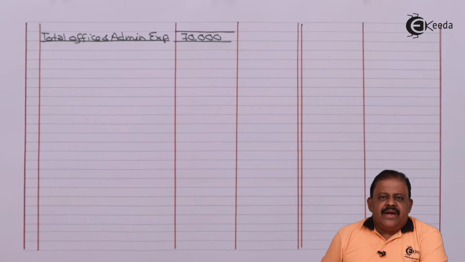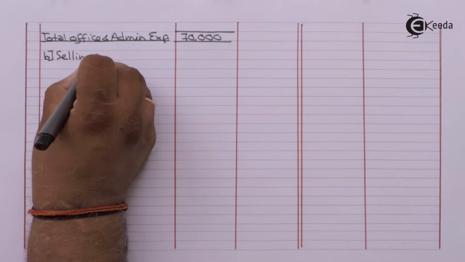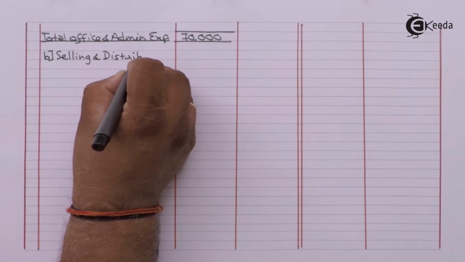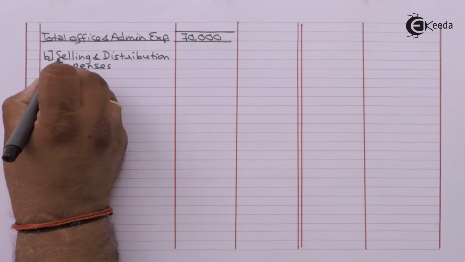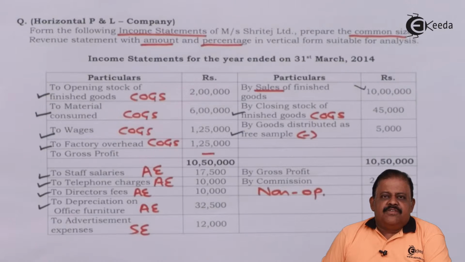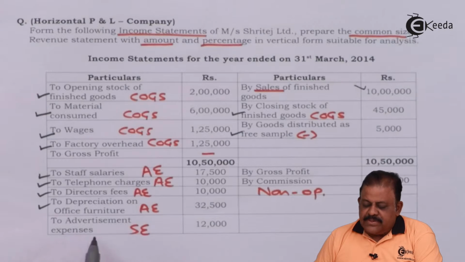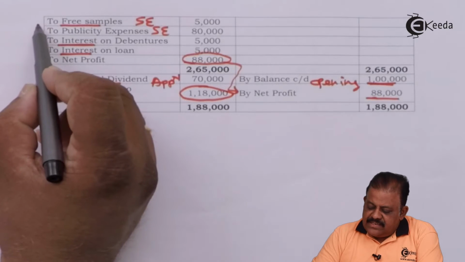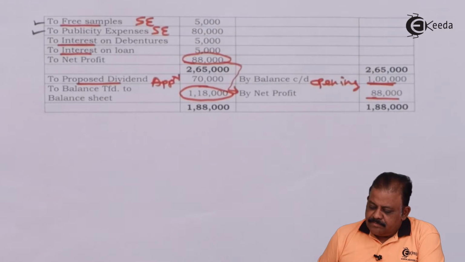To this we are going to add selling and distribution expenses. For selling and distribution expenses, we are required to consider advertisement expenses, free samples, publicity expenses.